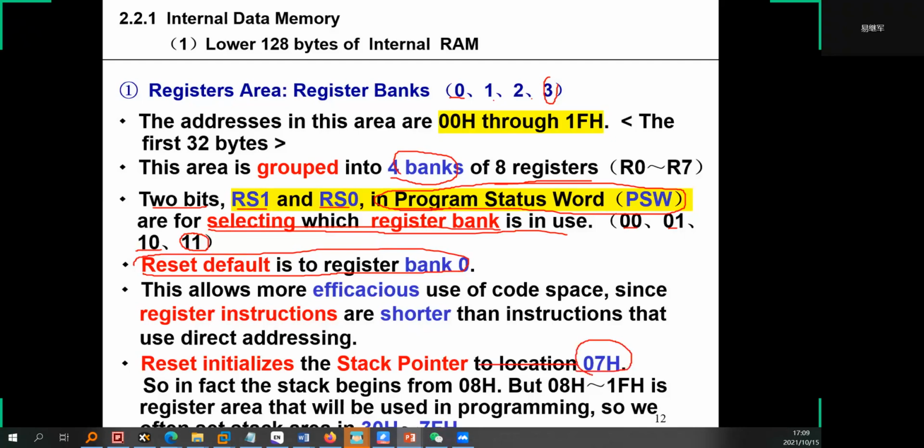The stack is a special RAM area for storing data. When an interrupt starts, the microcontroller stores some information into the stack for the interrupt return.